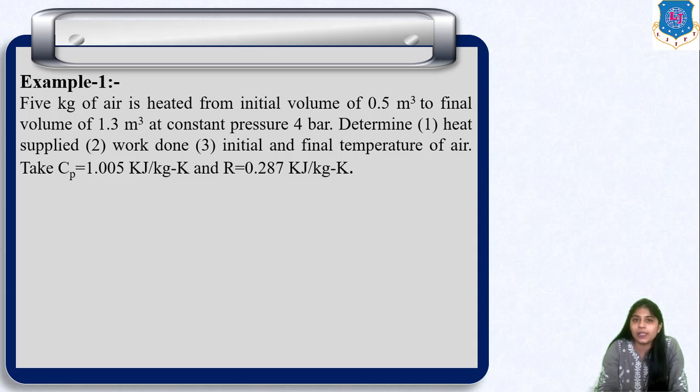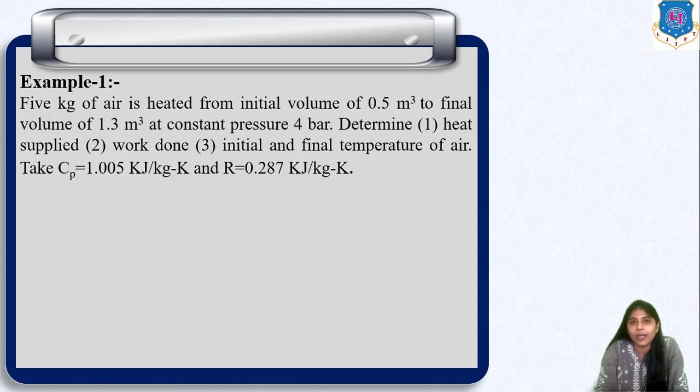So first let us understand this question. Okay, 5 kg of air is heated, so mass is given 5 kg. From initial volume to final volume, right? So both the values of initial and final volumes are given. Initial volume V1 is equal to 0.5 meter cube and final volume is 1.3 meter cube at constant pressure 4 bar.